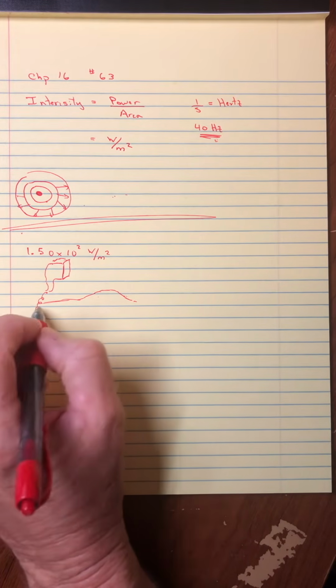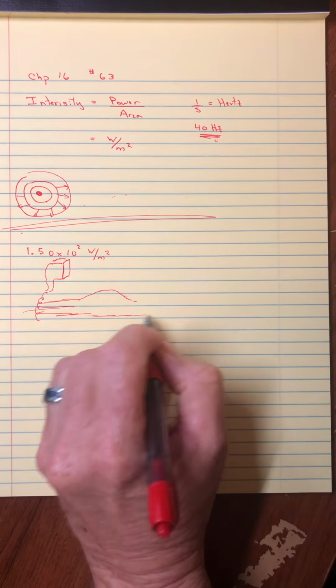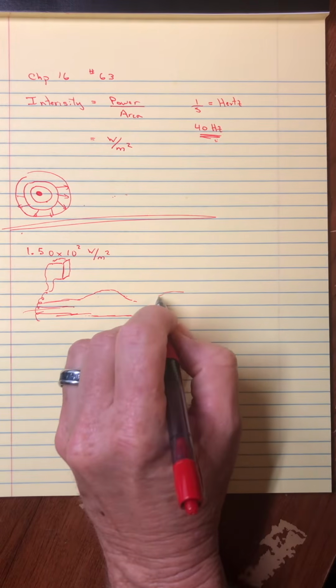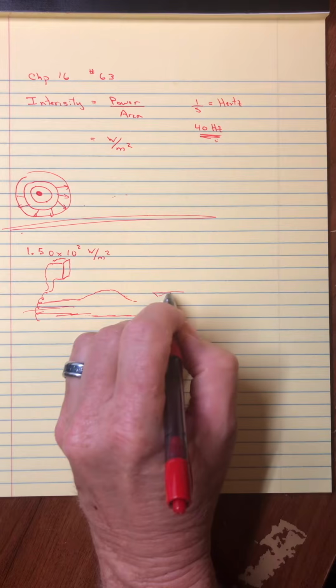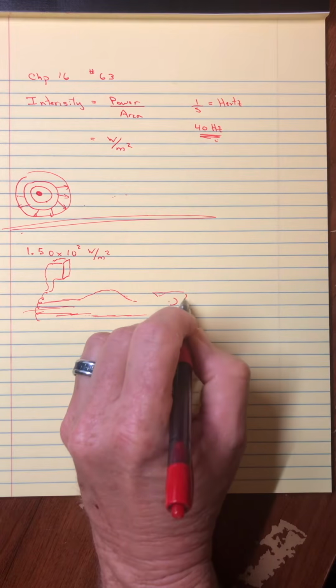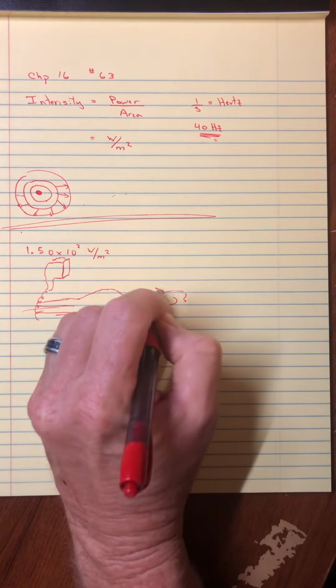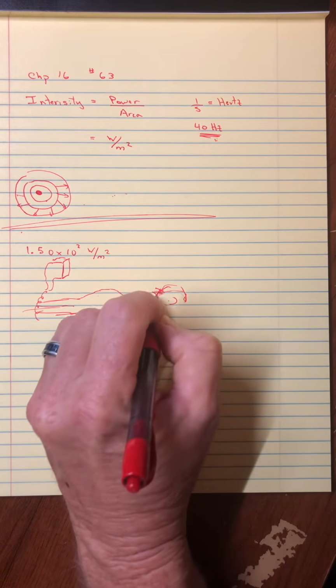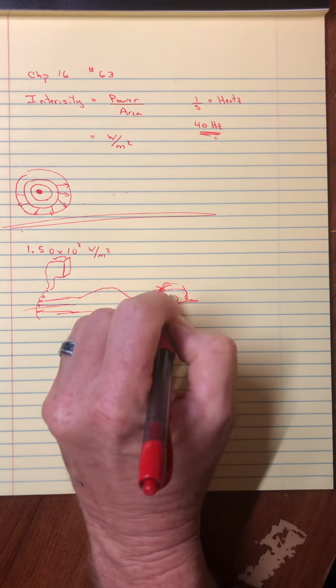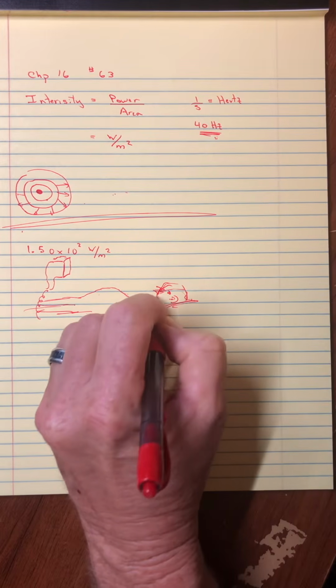So maybe somebody's lying here on their back. Their nose looks like a beak. Maybe someone's head is propped up a little better on a pillow. They've got some eyes and an ear.